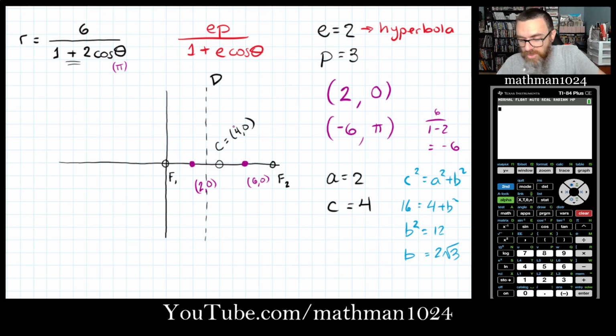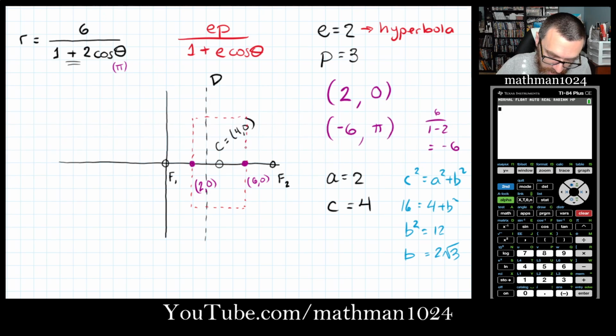Let's see, 2 square roots of 3 is about 3.4. So if we were to create our box, we'd go up, something like this, go down about 3.4, and this would be the relative shape for that box. And we could then talk about what our asymptotes would be.